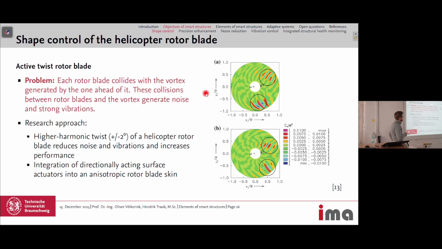This shows the normalized lift with the system turned off, so a passive rotor blade, and you can see these red areas where lift is higher than the average lift, so it's normalized to 0. The average lift is 0, and these red areas are areas where we have higher lift, and therefore also this generated noise and vibrations.